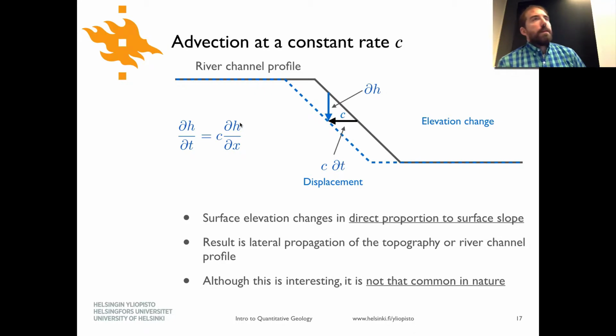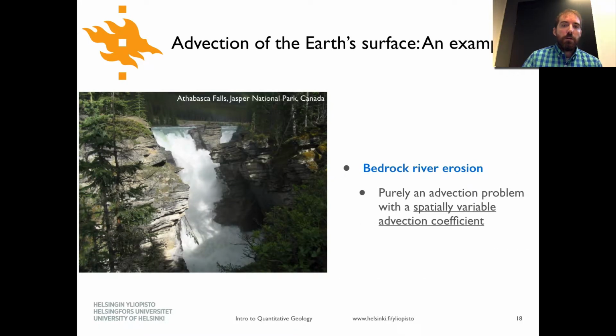So this is the kind of simple view of how things work in river channels, and I say that not to scare you that nasty things are coming, but more to say that this is perhaps an oversimplified view of how river channels work, because the concept works. We model most bedrock river erosion using an advection equation, but it's not quite in this form. So that's what we're going to move to now.